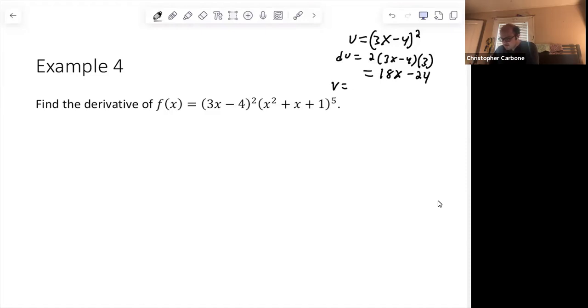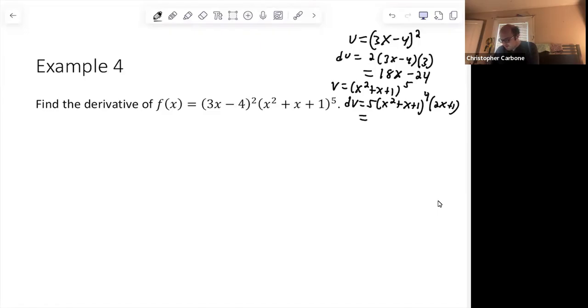V is x squared plus x plus 1 to the fifth power. dv would be 5 times x squared plus x plus 1 to the fourth power times 2x plus 1.